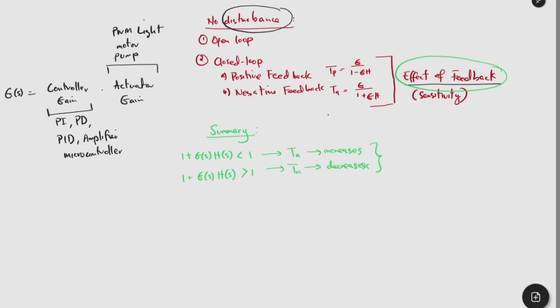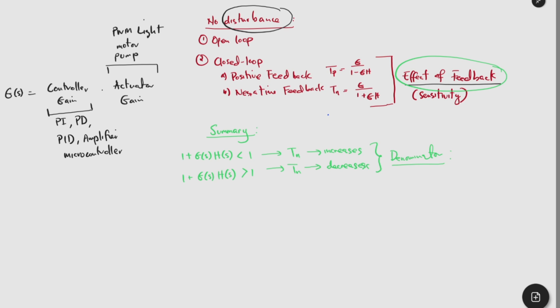And this type of effect is very important to achieve the stability of the closed loop control system. The key idea is to look at the denominator of the transfer function.